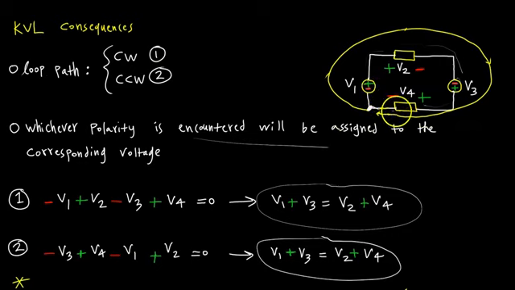If I start from the same point and go the other direction, I'm going to see a minus V4, and I keep going, I see a plus V3, I see a minus V2, and I see a plus V1. Let me correct these polarities and write this in order. I start from minus V4.